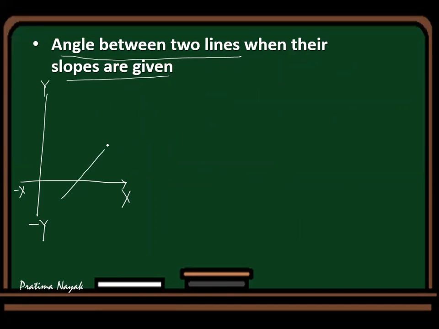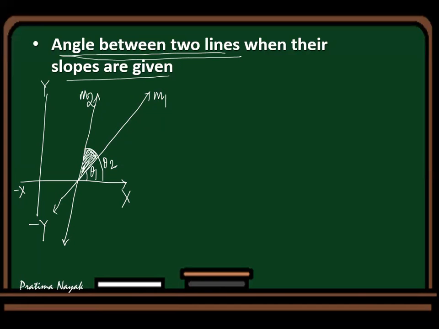Here one line is making an angle theta 1, and its slope is m1. Similarly, let me take another line. The second line is making theta 2 and the slope is m2. Now the question is, I'll get the angle between two lines. So the angle between two lines will be this one.